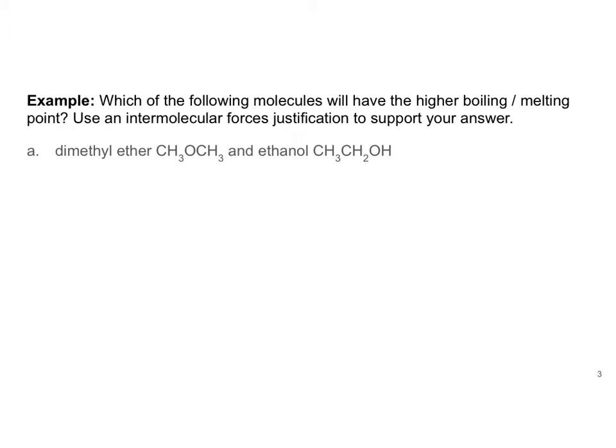So here's an example. We have dimethyl ether and a compound called ethanol. Both of these compounds happen to have the same chemical formula, which is C2H6O, but they're different structures, and they behave differently.